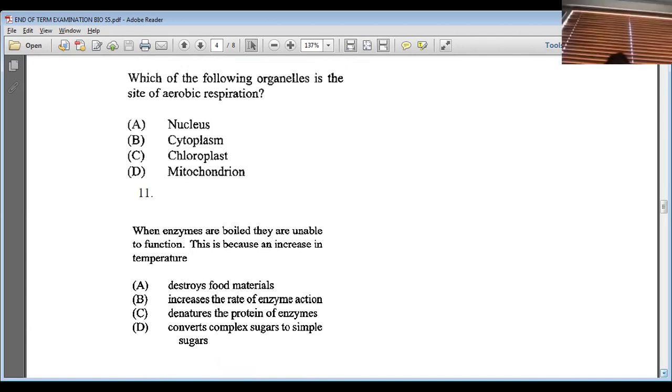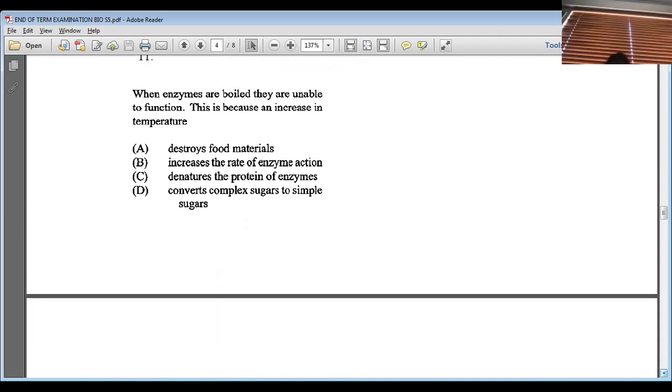The mitochondria. When enzymes are boiled, they are unable to function. This is because an increase in temperature, what? Denatures the enzyme. Good.